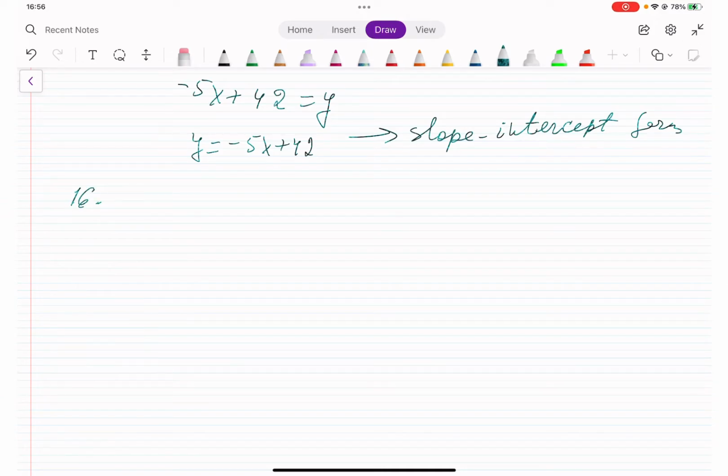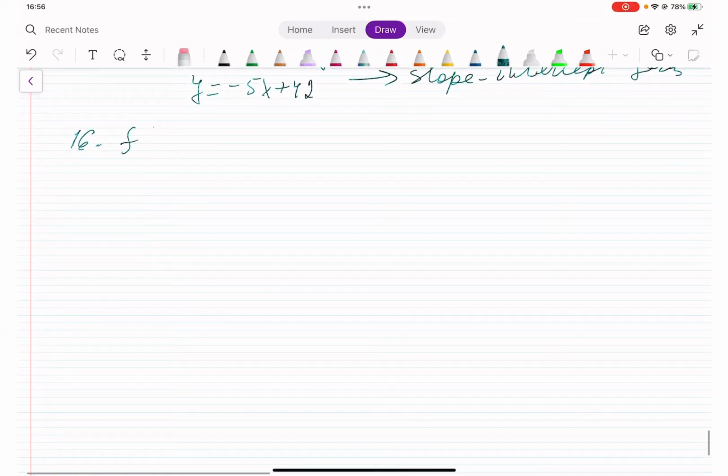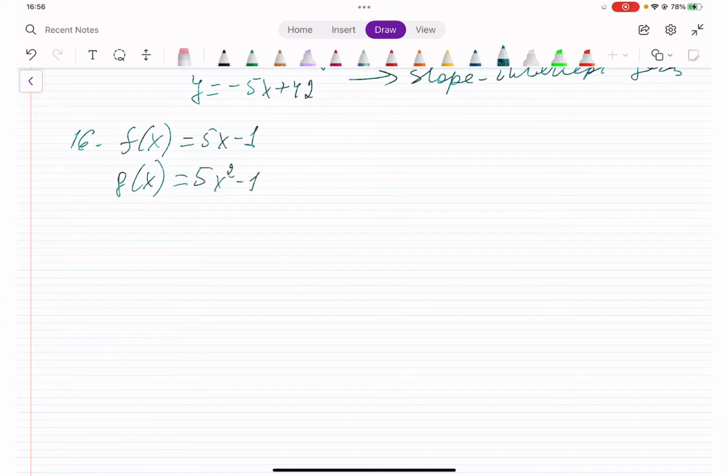So for question number 16, we have two functions, f of x is equal to 5x minus 1, and g of x is equal to 5x squared minus 1.